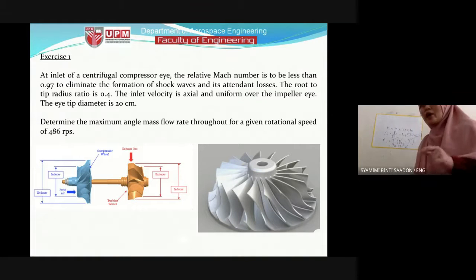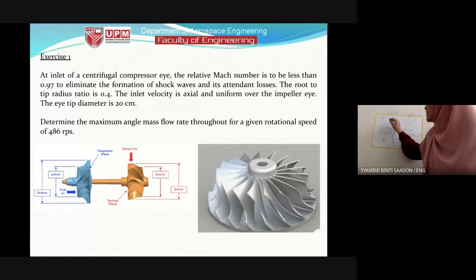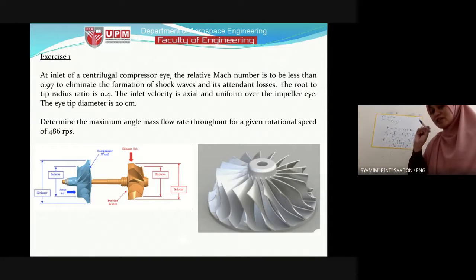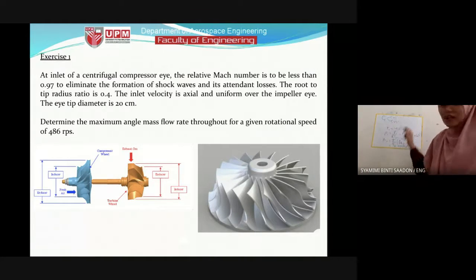Not just that, we have the velocity triangle: relative plus absolute, getting rotational, etc. This absolute velocity itself has two components, CA, the axial, and CU, the tangential. Here, for the centrifugal compressor, in this exercise one, there is no tangential component because the velocity enters totally axial. So C1 that we have is totally equal to CA1.